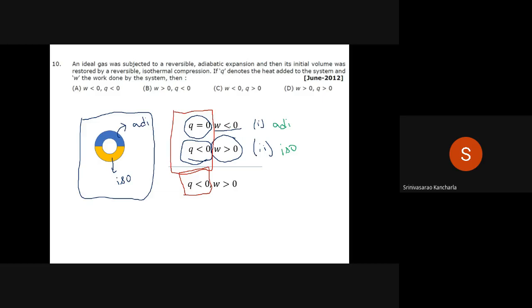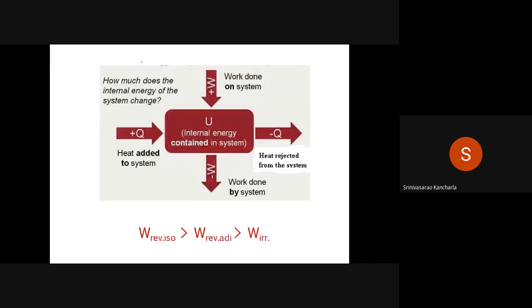Now what will be the final answer when you are combining one negative, one positive? We have discussed this point as a complete slide. Today I will upload those slides to you. Please have a look at that. In terms of work done, the reversible isothermal expansion work will always be higher.